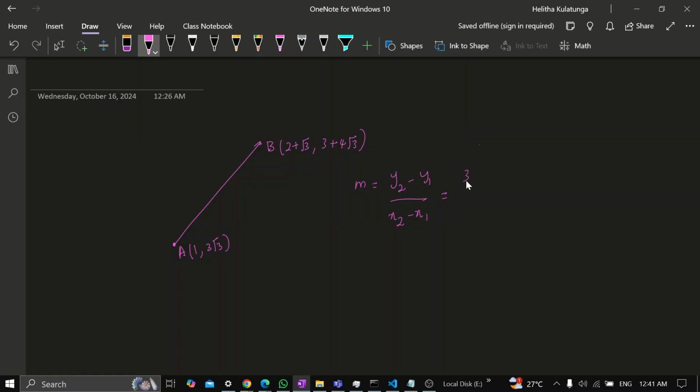So we have (3 + 4√3 − 3√3) divided by (2 + √3 − 1), which gives us (3 + √3) divided by (1 + √3). So this is the gradient.